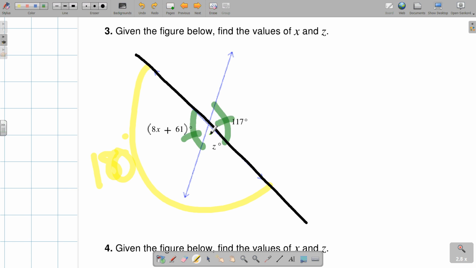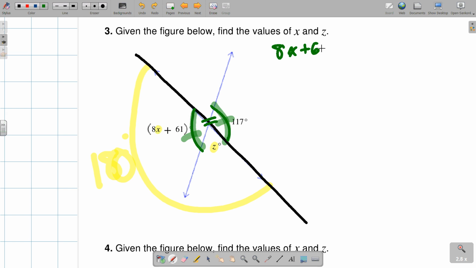So we ask ourselves, which one do I start with? If I start with 180, that's going to be a problem because I have two variables going on there. But I can do this. I know that these two angles are actually equal to each other. So I'm going to use the vertical angles.